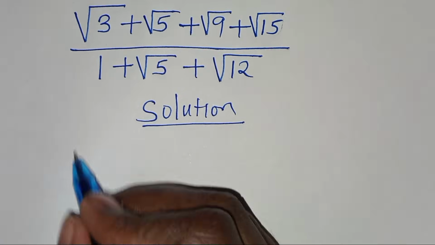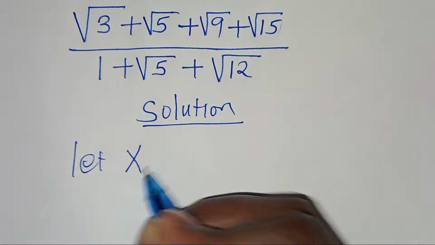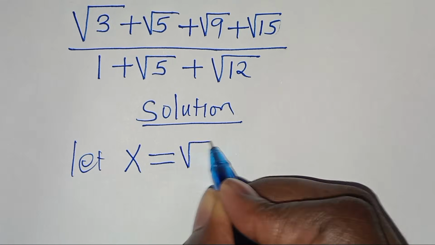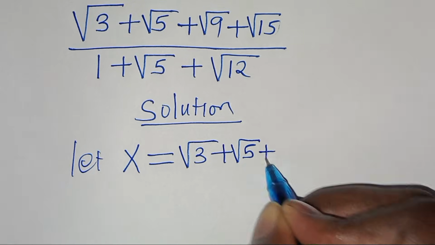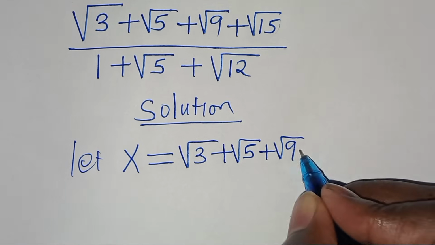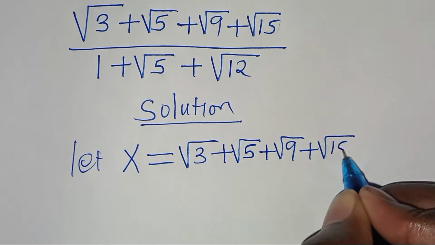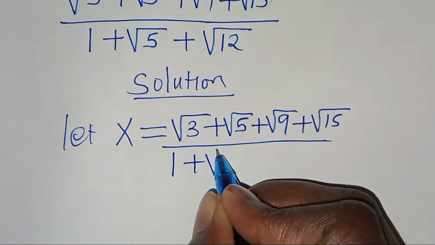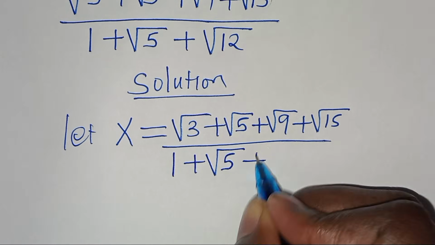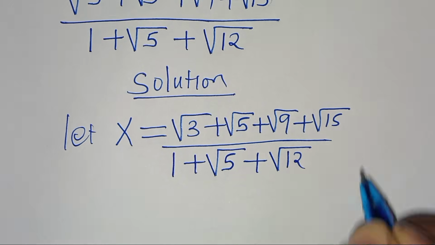Now, let x be equal to the square root of 3 plus square root of 5 plus square root of 9 plus square root of 15, divided by 1 plus square root of 5 plus square root of 12.